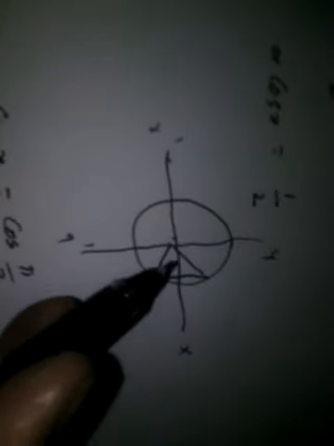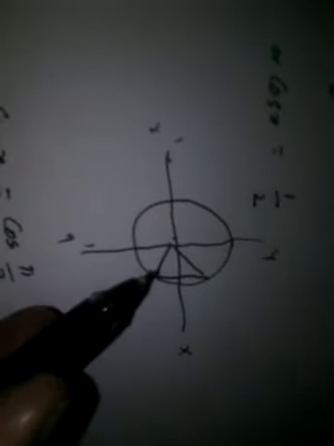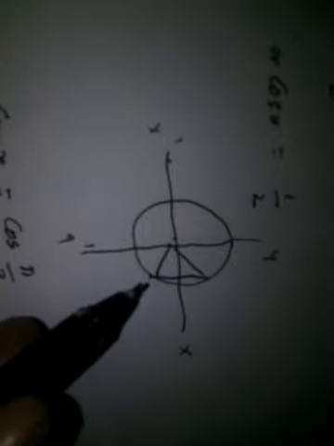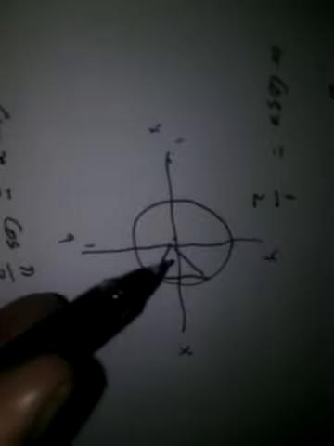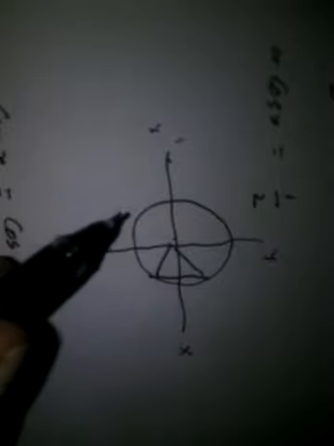Where positive is pi by 3, negative is also pi by 3. We could also show it as minus pi by 3, but because we are taking one complete rotation on one side, we cannot change the rotation in between, because the rules should be the same for all the angles, then only we can compare.